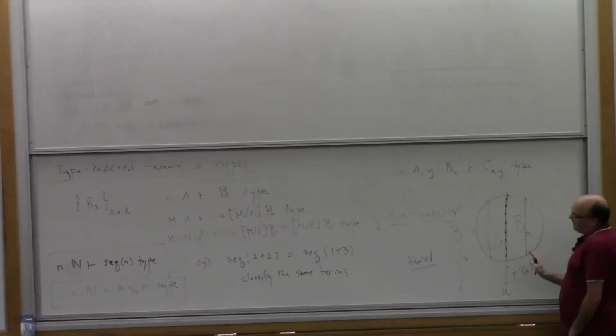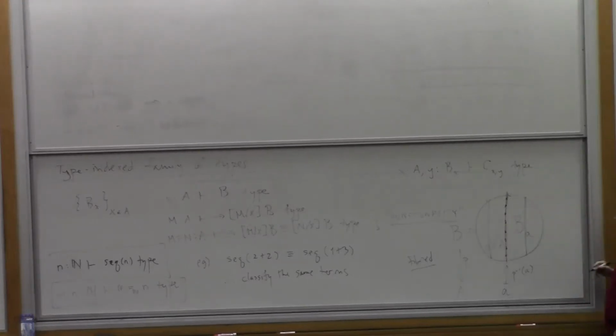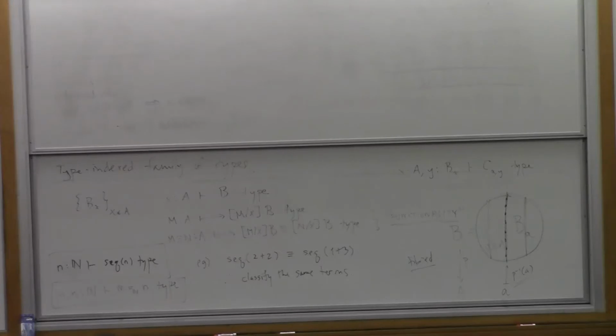I won't right now indicate what the exact definition of a fibration is, but you can think of it as a projection of this style. It's a good rule of thumb for how to think about it. And that way, the elements of the particular thing are given by the preimages here. Okay, so that's the framework that we're working in.